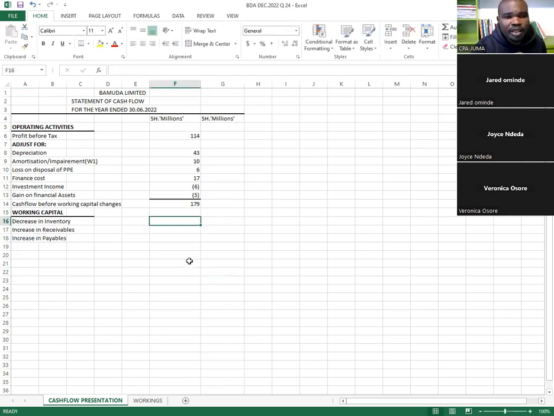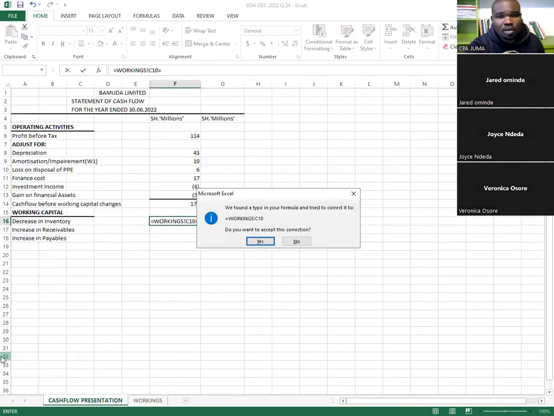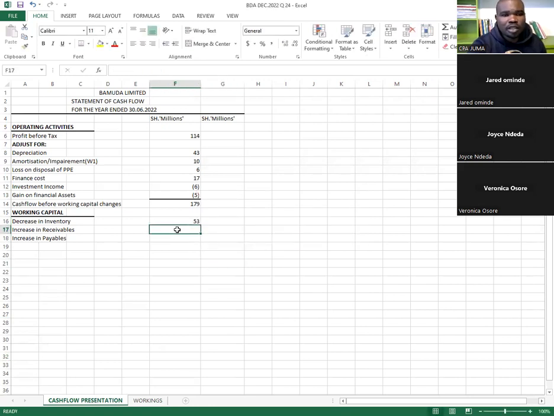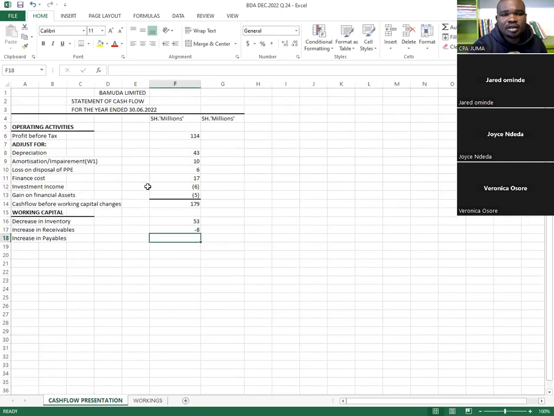So I'll bring them here. So it's equals to, so inventory. So I just say is equals to, then I go to this side. Also, I could have, but that could have not worked. Then receivables also is equals to, I go this side, I pick the 8, then I press enter.